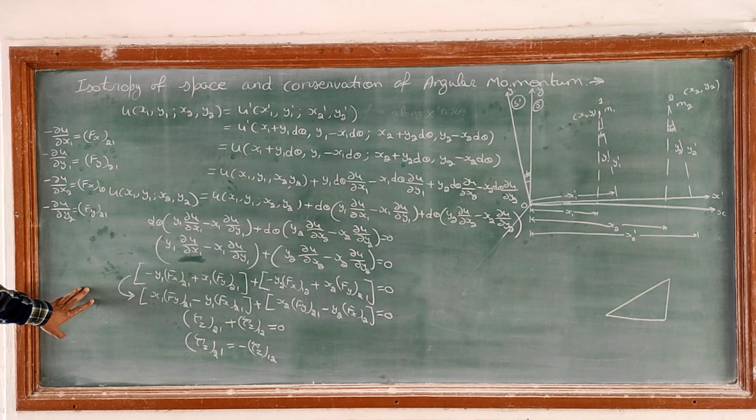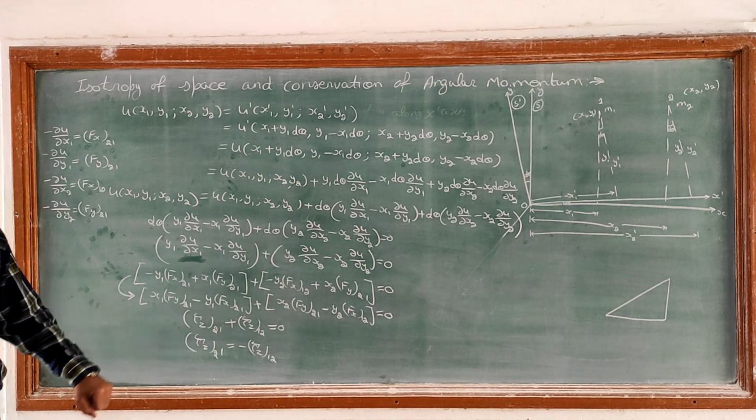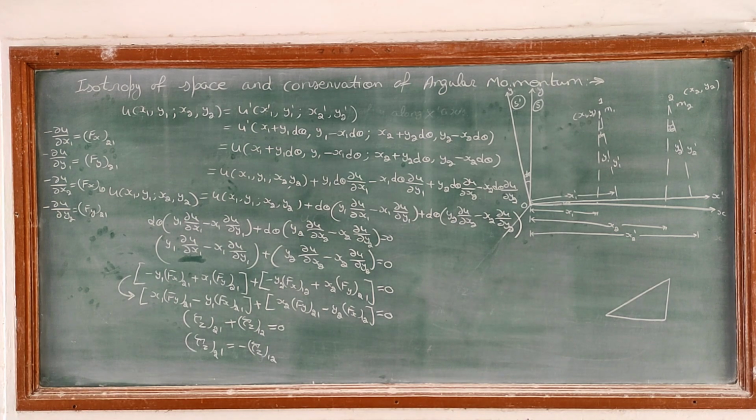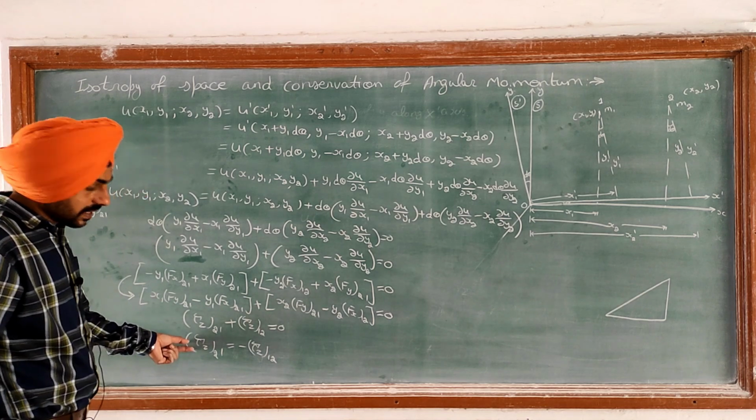Now if Lz1 and Lz2 are the components of angular momentum of particle 1 and 2 respectively, then this tau z can be written as d by dt Lz.